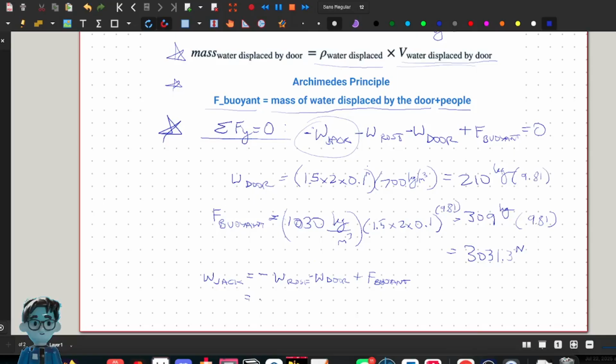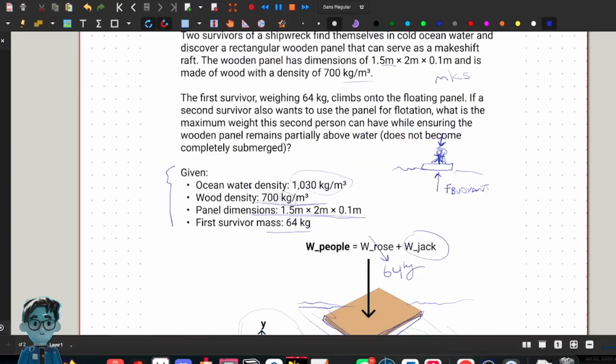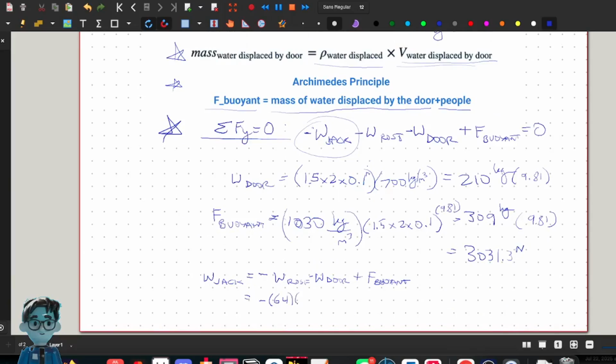So that means we have negative weight of Rose, which we said was 64 kilograms, times 9.81, minus 210 times 9.81, plus 3031.3. Solving that, we get 343.36 newtons, and that's weight of Jack.